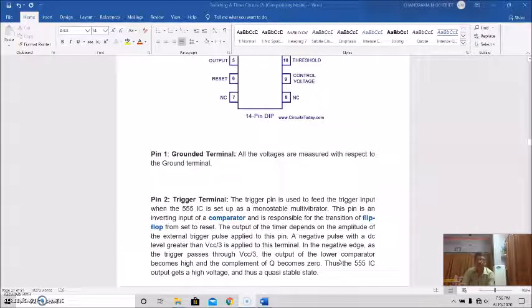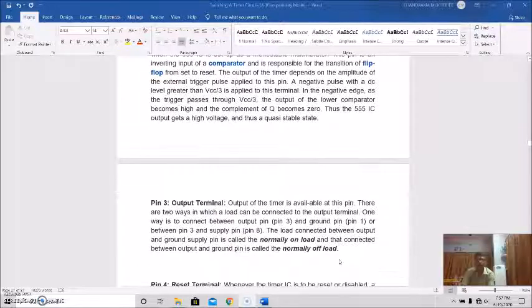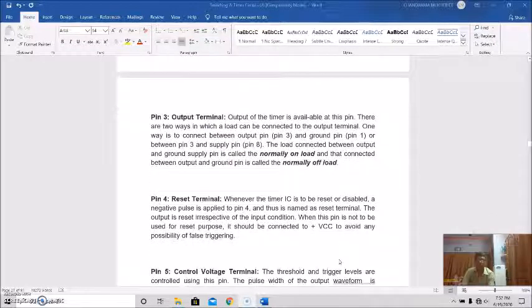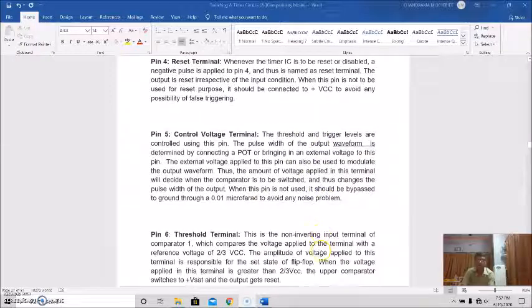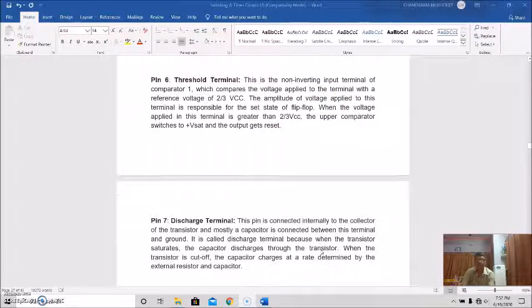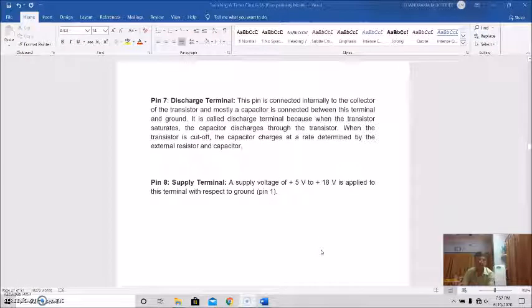Pin 1 ground terminal, pin 2 trigger terminal, pin 3 output terminal, pin 4 reset terminal, pin 5 control voltage terminal, pin 6 threshold terminal, pin 7 discharge terminal, and pin 8 supply terminal.